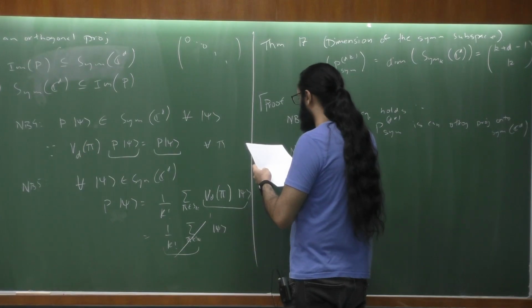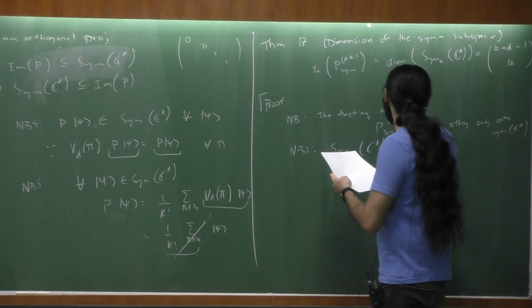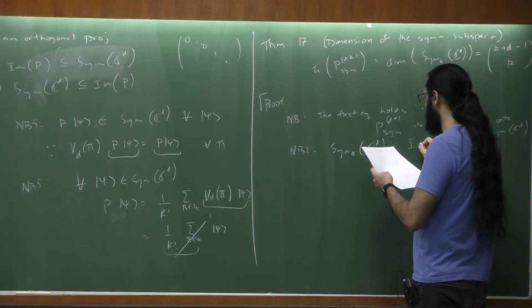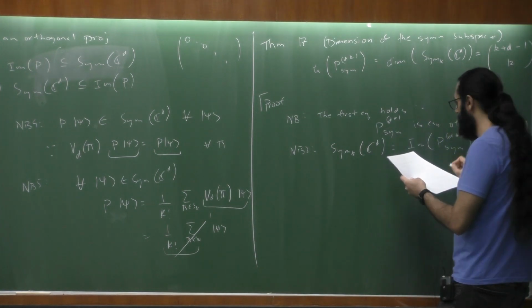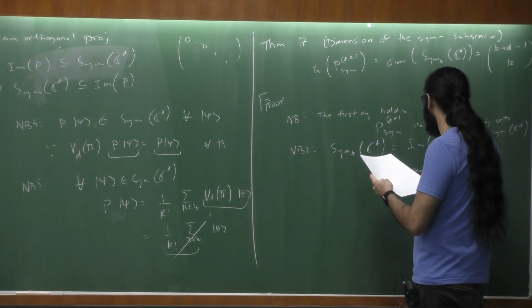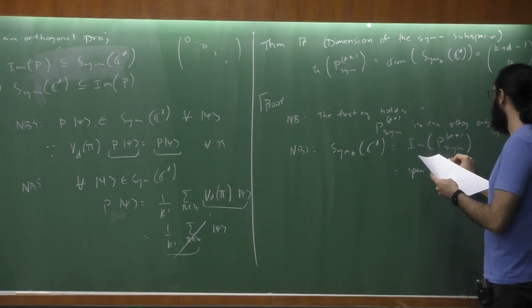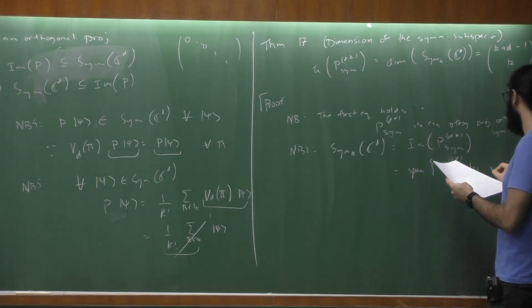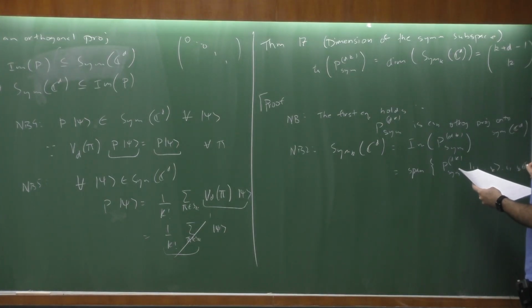Okay, and then second part is that the symmetric space is the same as the image of P symmetric, right? This we showed over here. So what that means is that it's basically the span of P symmetric acting on |i_1 ... i_k>, where i_1 to i_k are each of dimension d.